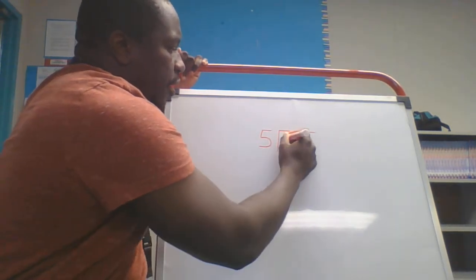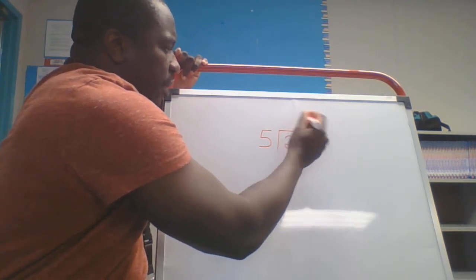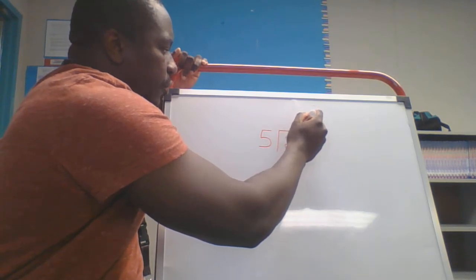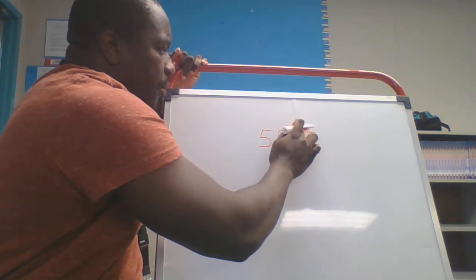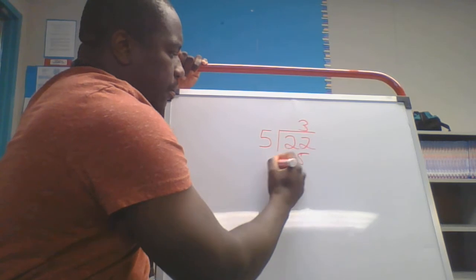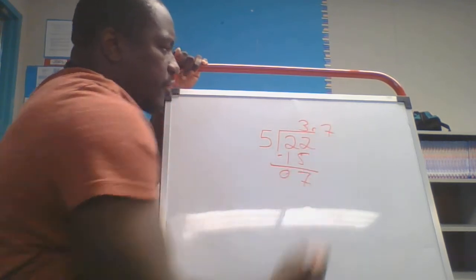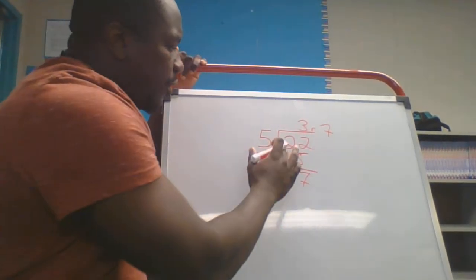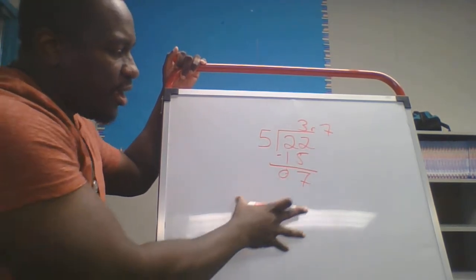5 divided by... our 22 divided by 5. So something here is wrong, right? It is true that 22 divided by 5 is 3 remainder 7, but something here is wrong.